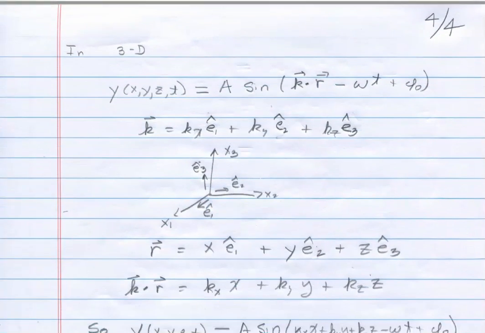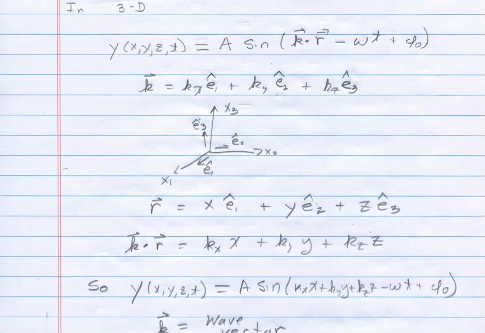You can extend all this to 3 dimensions, and if I chose the sine function, it would be this, propagating outward. And here we've introduced the wave vector, which is k, with components kx, ky, kz in the respective directions. And the r vector is x times x hat, y times y hat, z times z hat.